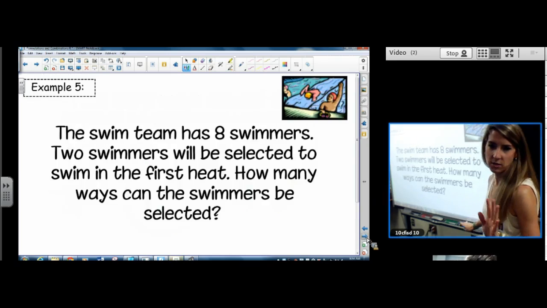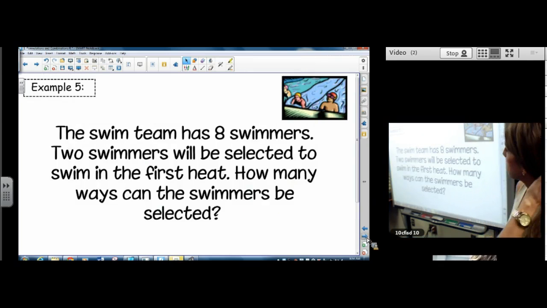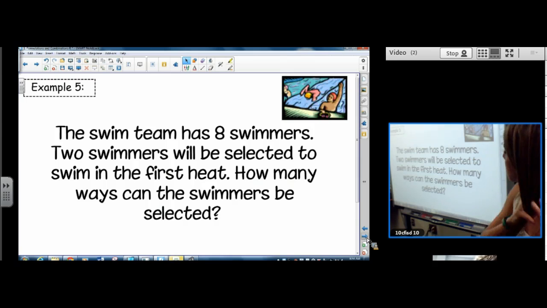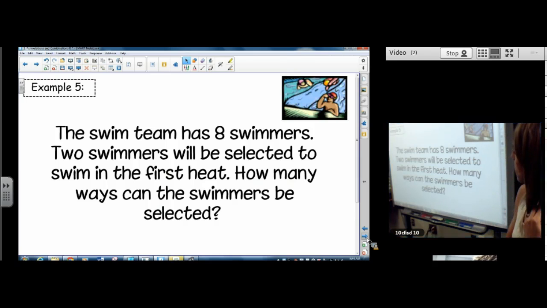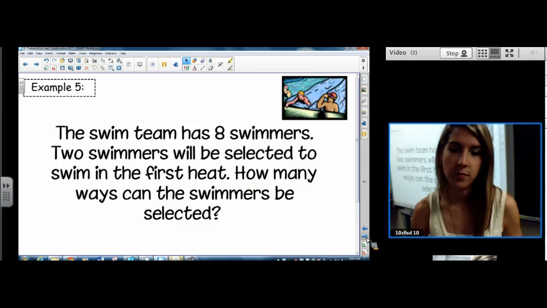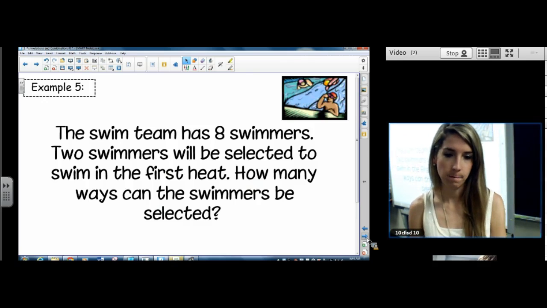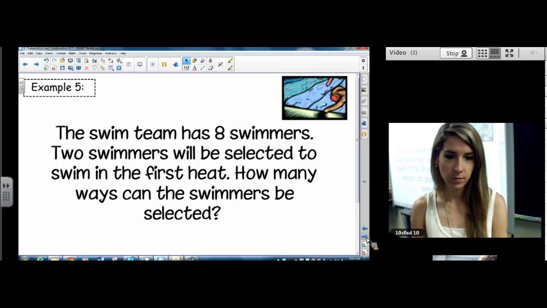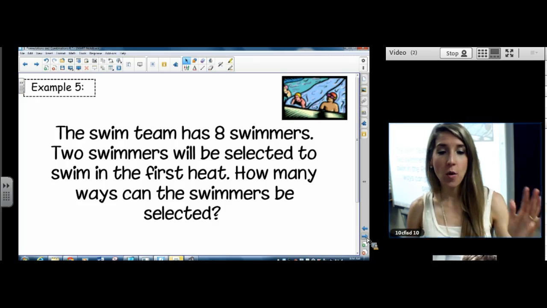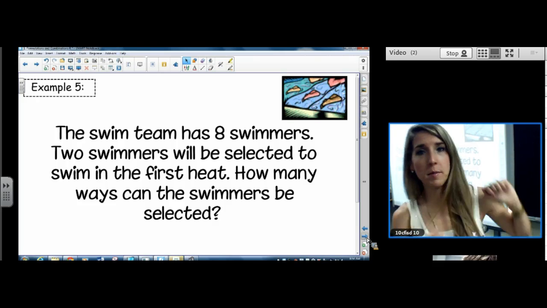We'll do some combinations. We will. Don't worry. The swim team has 8 swimmers. 2 swimmers will be selected to swim in the first heat. How many ways can the swimmers be selected? Remember, first question you always ask yourself, permutation or combination? So if I choose Johan, Chloe, I'm like, okay, you 2 are swimming in the first heat.